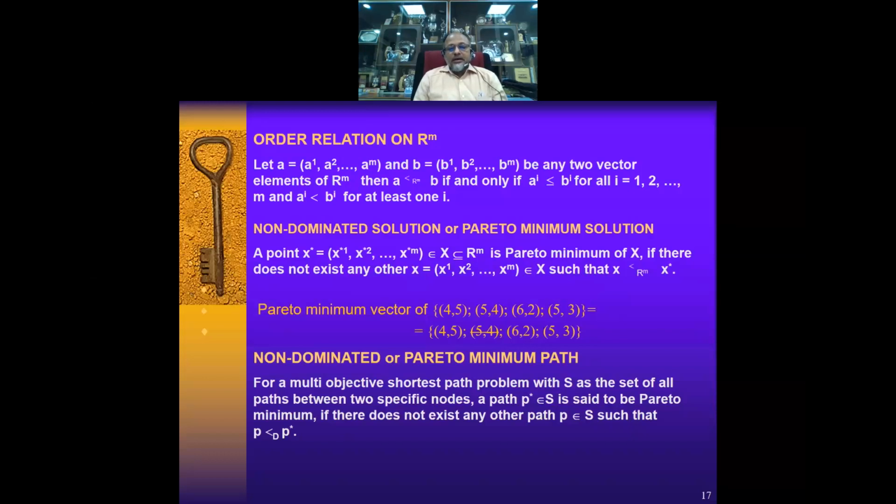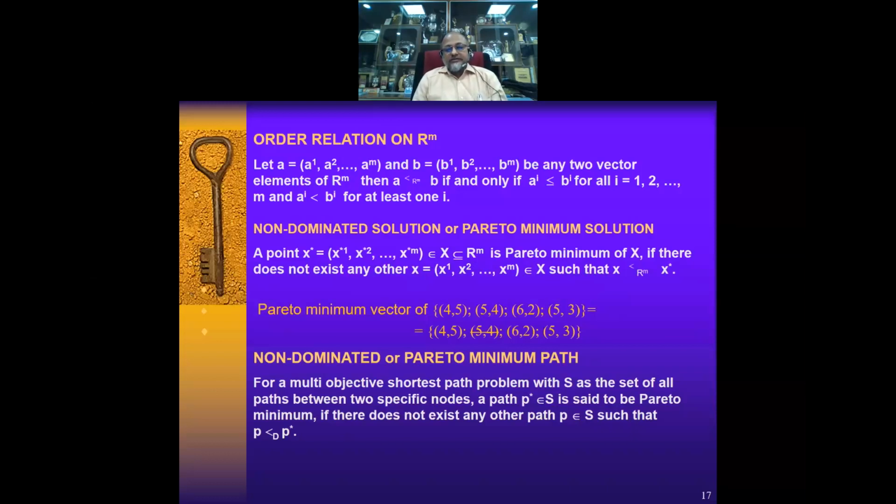But how can I compare (4,5) and (5,4)? Please tell me which is minimum. Definitely it is not possible, because if you compare the first component of both vectors, 4 is less than 5 but 5 is greater than 4.